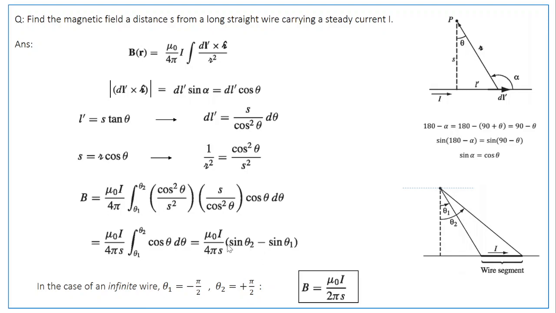If you apply the values here, mu naught I divided by 4 pi s, 1 plus 1 which is 2. So you get the total magnetic field equal to mu naught I divided by 2 pi s. So this is how you apply the Biot-Savart law to calculate the magnetic field associated with a given current configuration.